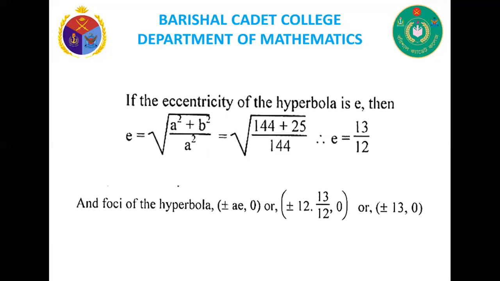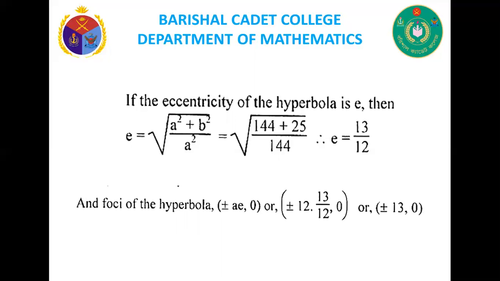Now, what are the foci of the hyperbola? Boys, you know, according to the formula, the coordinates of the focus points are plus minus ae, 0. So putting the value of a and the value of e, you get plus minus 12 into 13 divided by 12, comma 0, that is plus minus 13, 0.